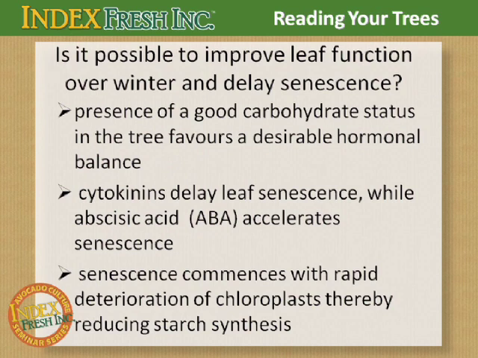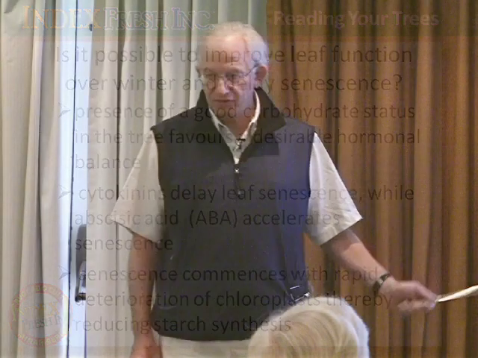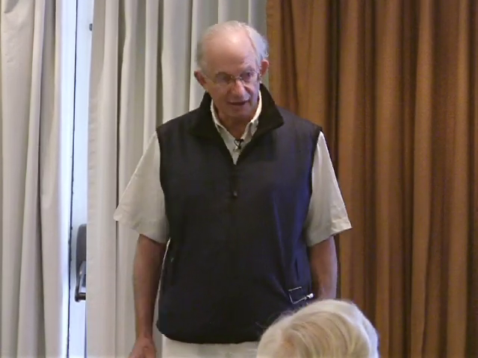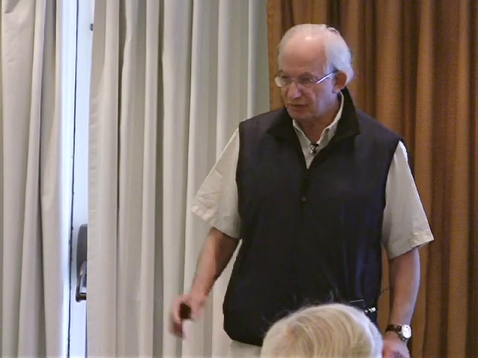So the next question you have to ask yourself is whether it is possible to improve leaf function over winter and delay leaf senescence. In other words, is there a way in which we can keep those leaves on longer? And we recognize that in Southern California, you have some issues. We're going to address them. You have salinity, you have heat stress, you have water stress. And some of that is unavoidable.